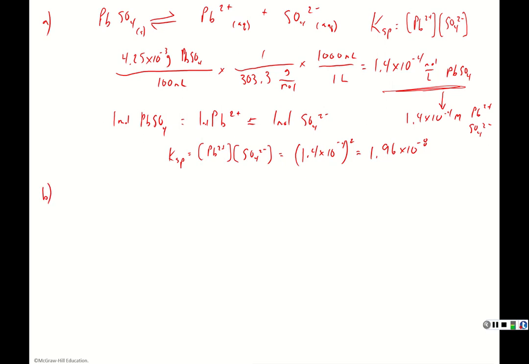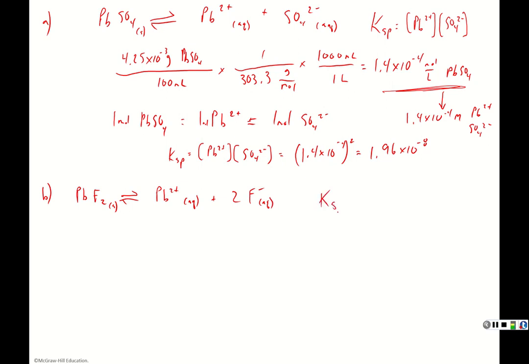Okay, for the second part, for lead fluoride, PbF2, solid, we're going to get Pb2+ and 2F-. So now it's a little bit different. We're going to have a coefficient to keep track of.